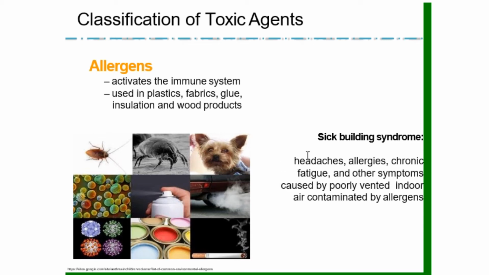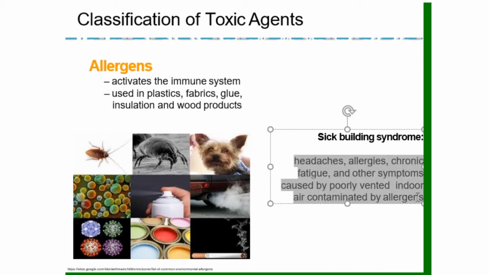This is most usually if allergens will be introduced to you, so these are the most common reactions of your body. We have headaches, we have allergies, we have fatigue, or let's say we have sinuses or a running nose, most common. That is the reaction of your body once there is an allergen.